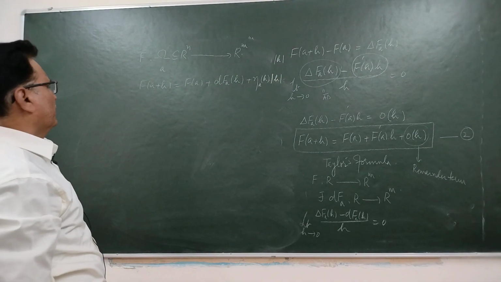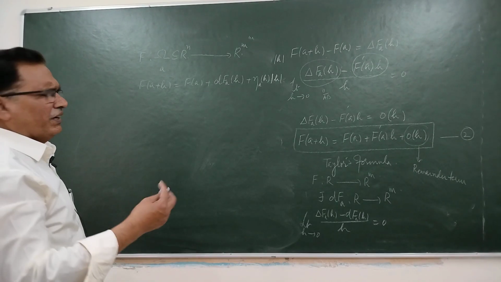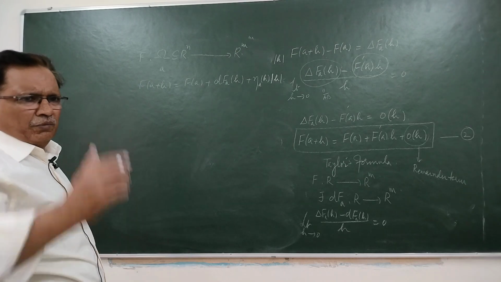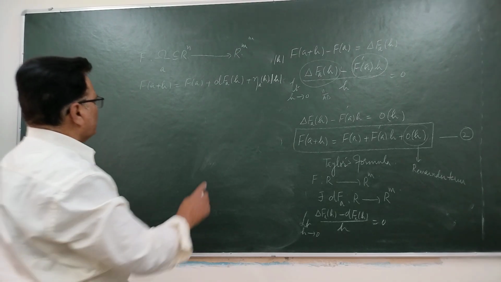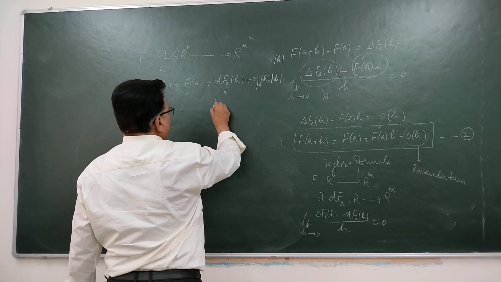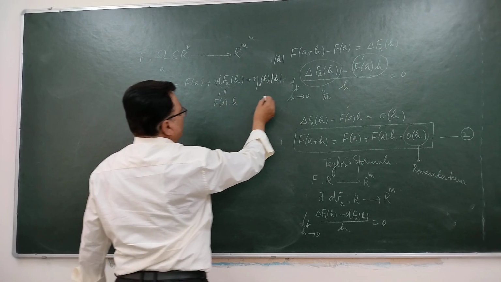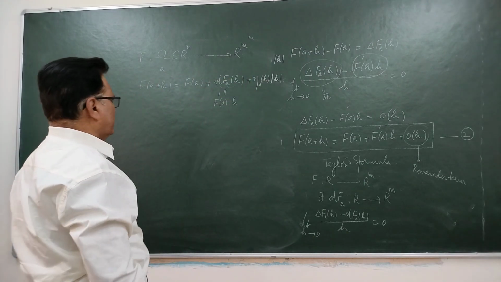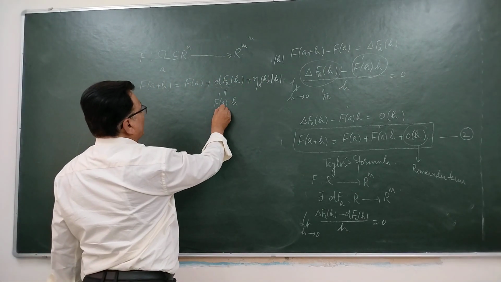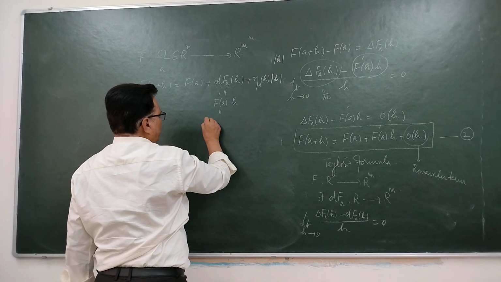Everything makes sense for function from Rn to Rm. The difficulty of division by vector etc. have been removed, and now in place of that these linear functions have appeared. This is in fact equal to the matrix f dash a into h. This is continuous function of h. Now this f dash a is in fact an m by n matrix.